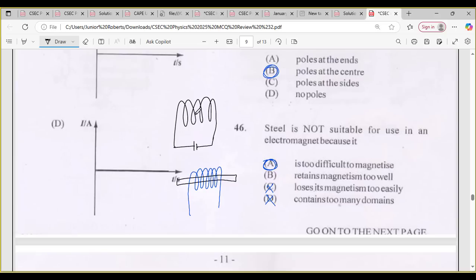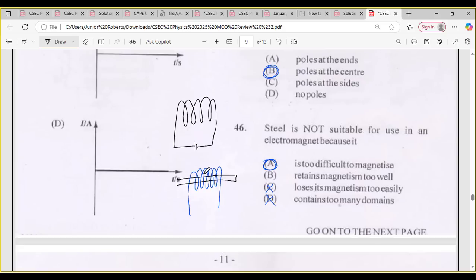Now, with the operation of an electromagnet, we want to be able to turn on the circuit, and then we have a magnet being formed. Then as soon as we disconnect the circuit, we expect that magnetic field to disappear.